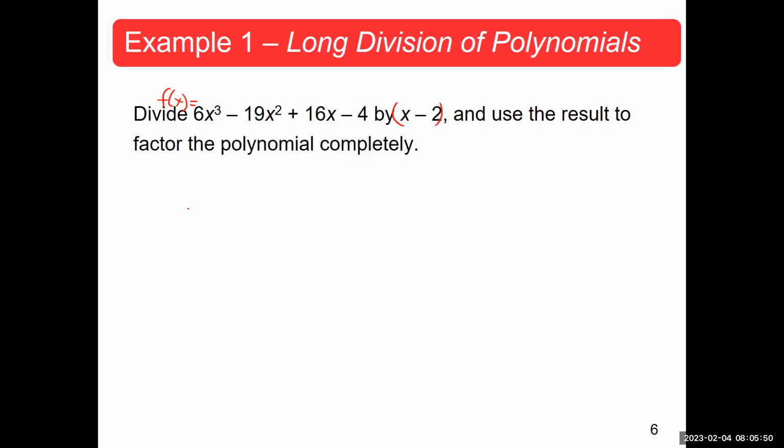So you're going to have this kind of shape. You put x minus 2 outside, and inside you write the entire polynomial: 6x cubed minus 19x squared plus 16x minus 4.